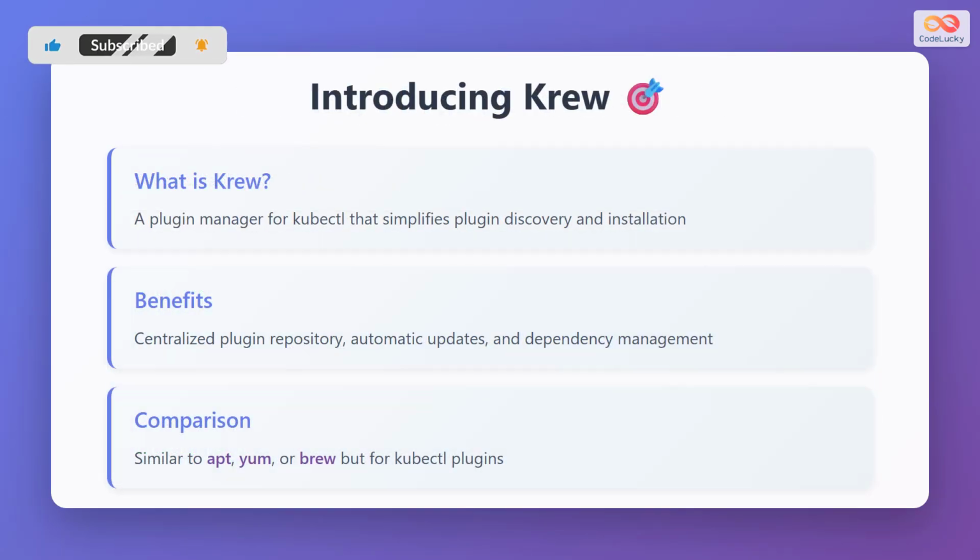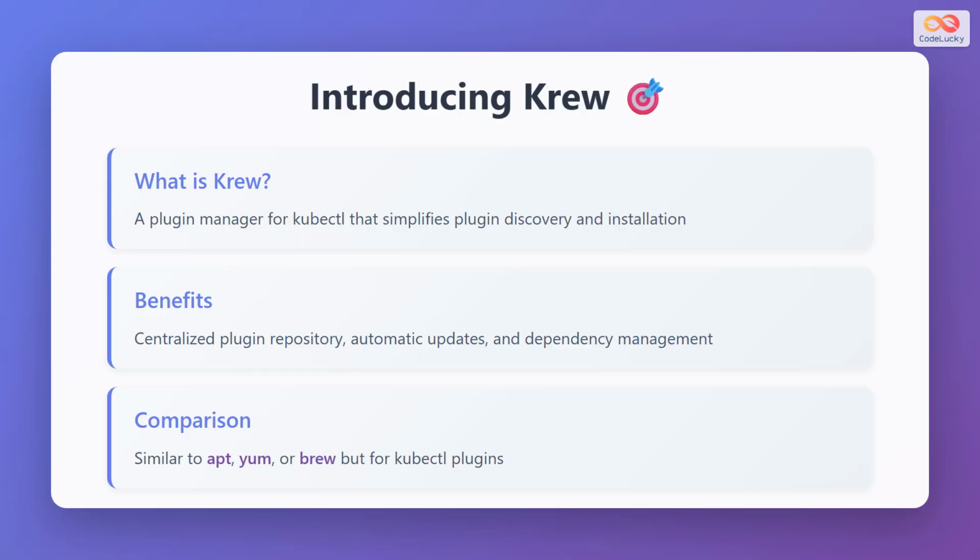While creating and installing plugins manually is straightforward, managing multiple plugins can become cumbersome. This is where Krew comes in. Krew is a plugin manager for Kubectl that simplifies the entire plugin lifecycle. It provides a centralized repository of Kubectl plugins, making it easy to discover what's available in the community. Krew offers several benefits.